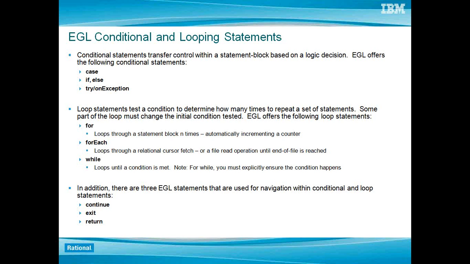It will automatically iterate over all those records. We will see this example in the database class. And we have while loops. We also have three statements that can be put inside both looping and conditional statements: continue, exit, and return.